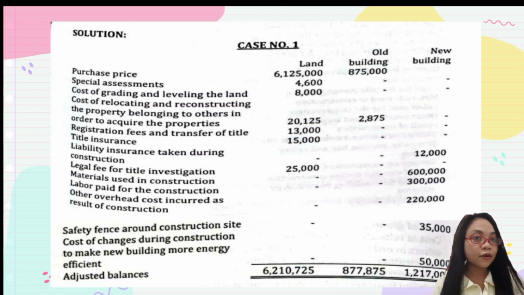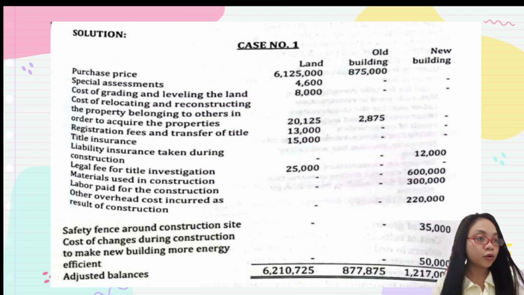So, the fair value of the land of 3,500,000 divided by the total fair value of 4 million would be 87.5%. And 87.5% of the total cost, which is 7 million, is 6,125,000. So that is the purchase price attributable to the land based on the land's fair value.